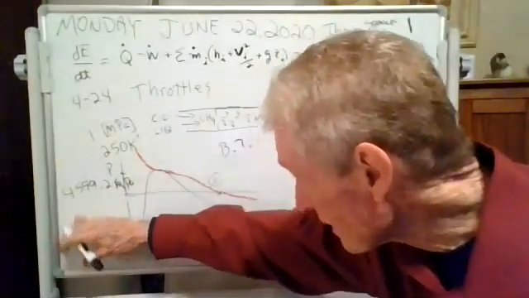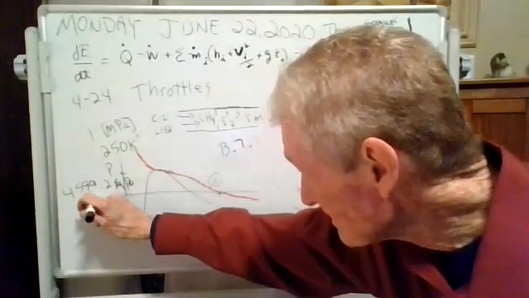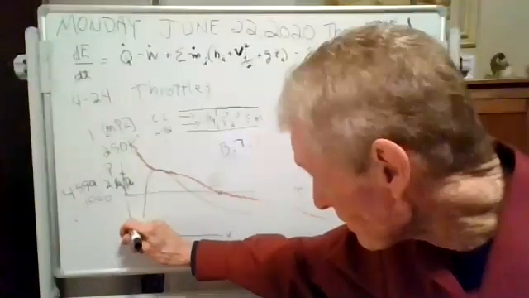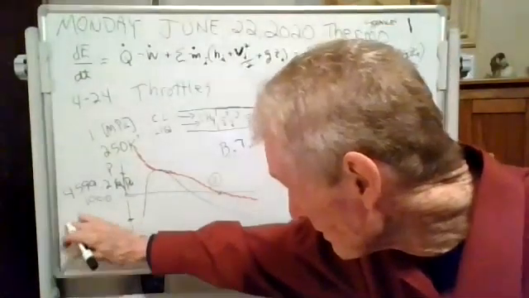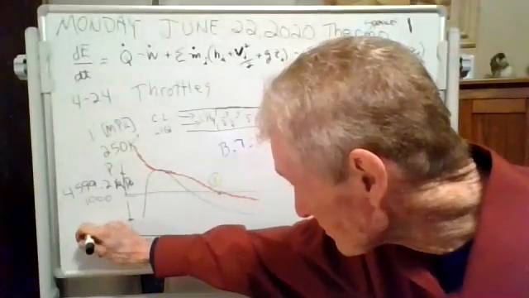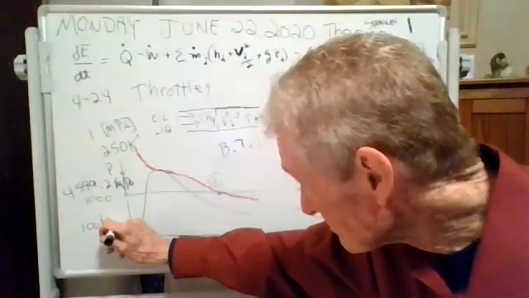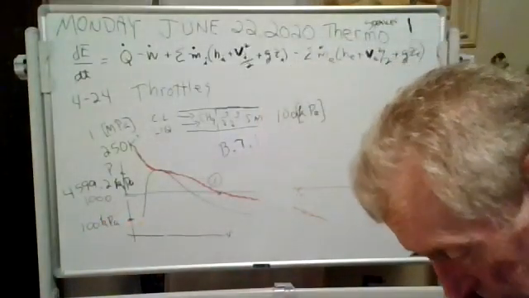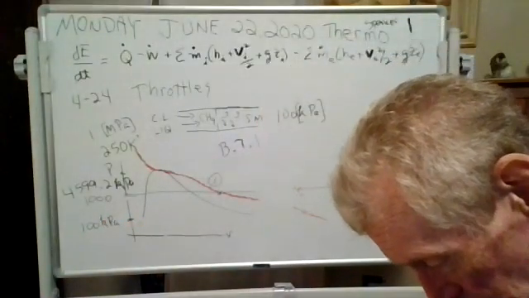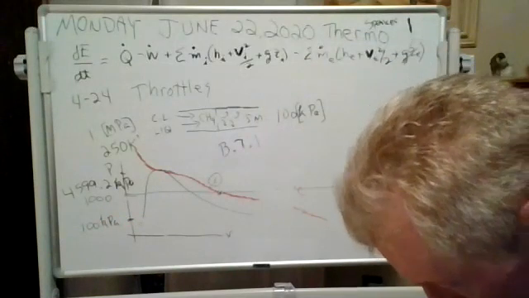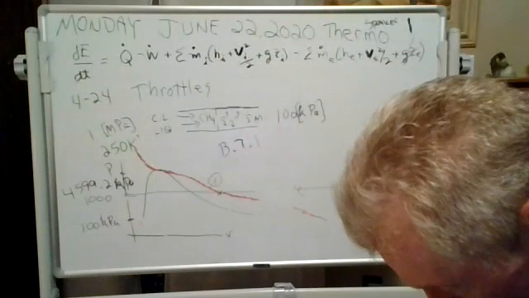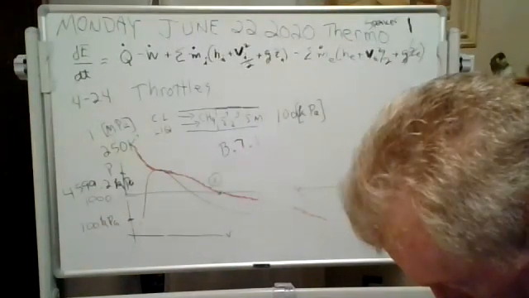See, this is 1,000, and 100's down here someplace, right? Methane, 100 kilopascals.